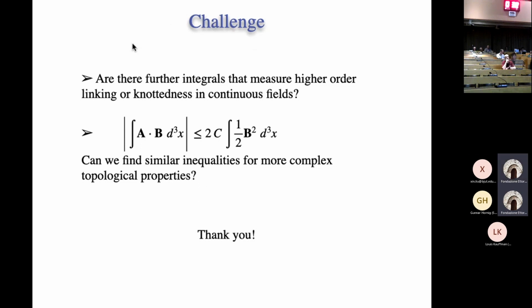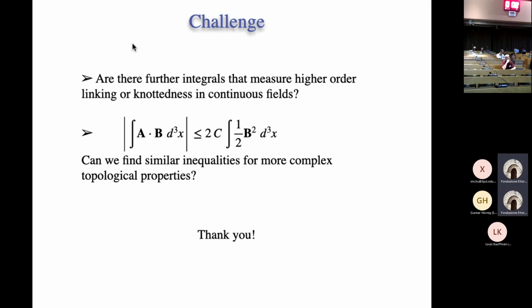For continuous fields, which can be applied to MHD or vortex dynamics, I'm aware, of course, that there is this result that helicity is currently the only invariant which is invariant under volume preserving diffeomorphism.